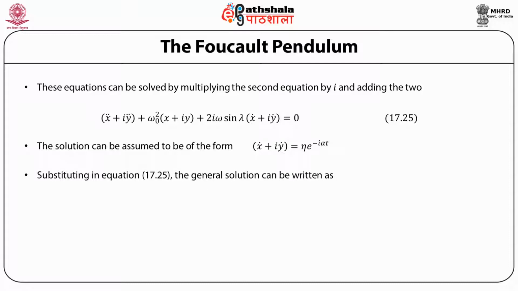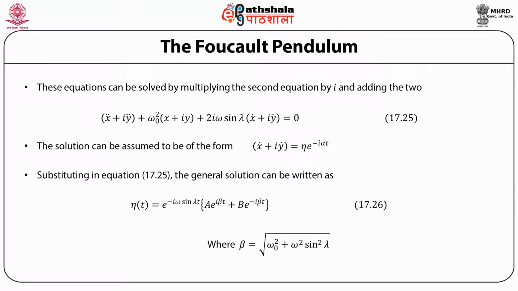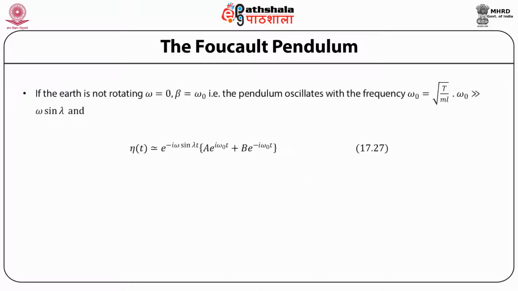Substituting this, the general solution can be written as eta of t is equal to e to the power minus i omega sine lambda t, times a e to the power i beta t plus b e to the power minus i beta t, where beta is equal to the square root of omega naught square plus omega square sine square lambda. If the earth is not rotating, then omega is equal to 0 and beta is equal to omega naught.